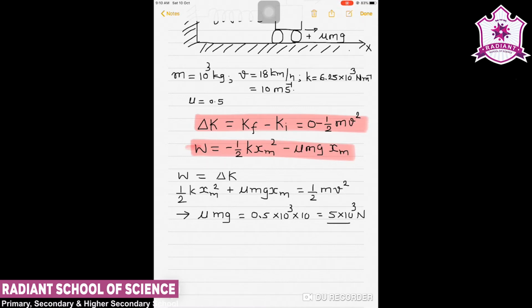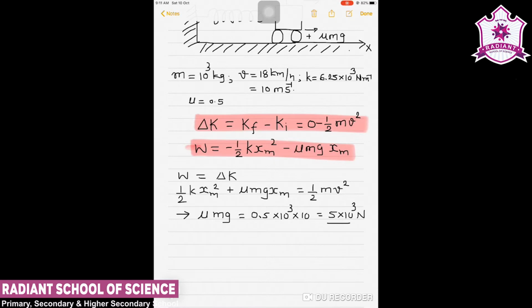So that is a known value. After rearranging the above equation, we obtain the following quadratic equation in the unknown xm.